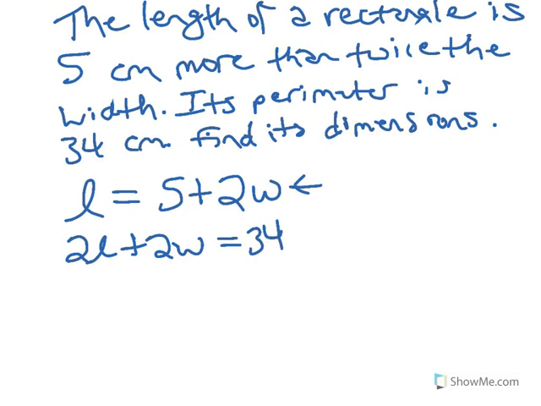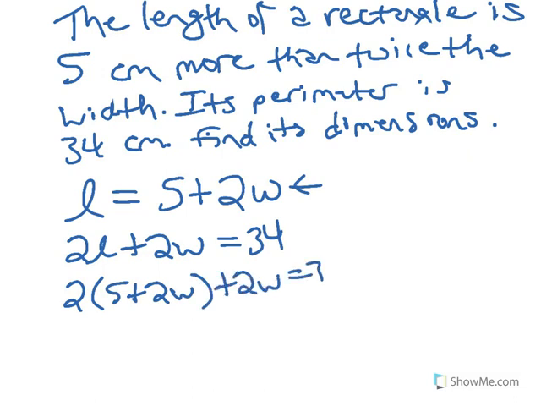Immediately we can go on to step 2, and in the second equation we can replace the L with the expression for L, 5 plus 2W, and then write the rest of the equation and solve it for W. The distributive property applies here. 2 times 5 is 10, and 2 times 2W is 4W.